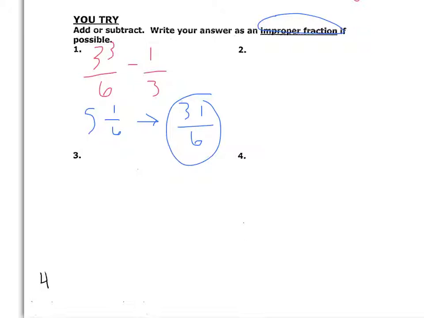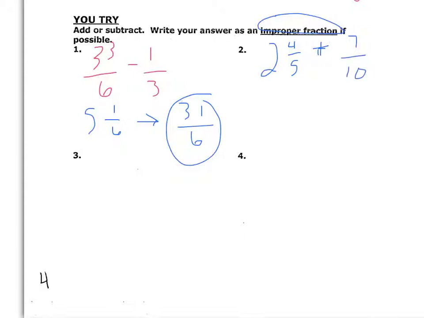Okay, let's try one more. This time we're going to do 2 4/5, and we're going to add to it 7/10. Let's go ahead and type it in.